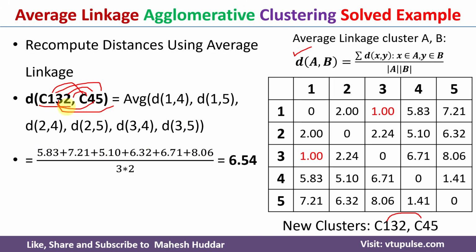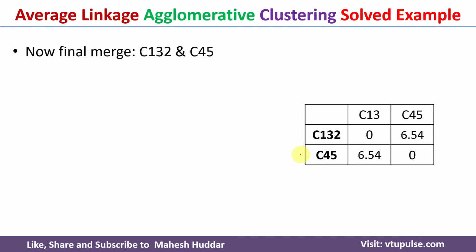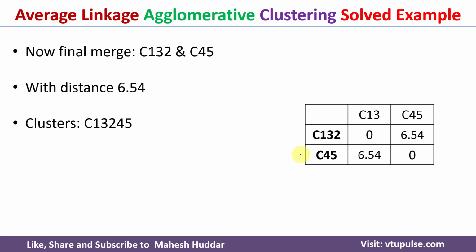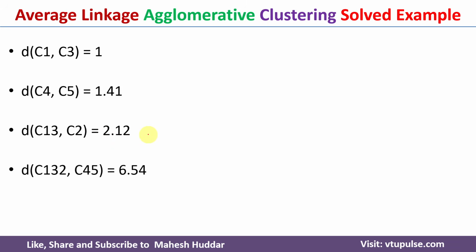The length of the first cluster is 3 because in the first cluster we have 3 data points, and the length of the second cluster is 2 because the data points in the second cluster are 2. Once you do the calculation, we will get the distance between the clusters C132 and C45 as 6.54. After that, we need to merge these two clusters with a merging cost of 6.54. So we'll get the final merge as C13245.